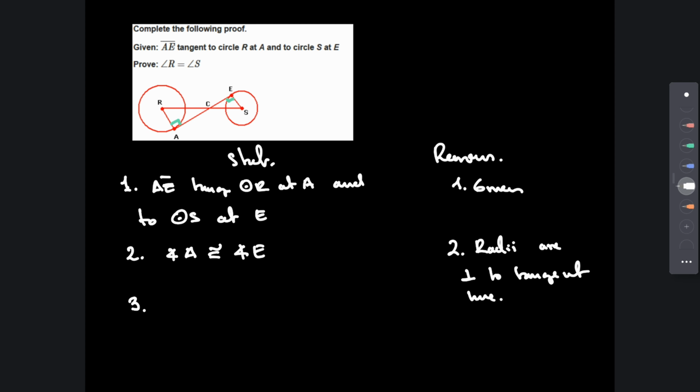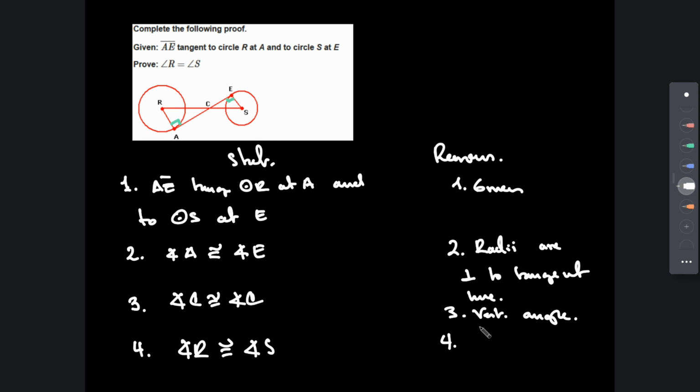Number three, we know that angle C is congruent with angle C by vertical angles, or reflexive, vertical angles. This is basically the same thing. And since the two of them are equal, then we have a theorem that states that angle R must be equal to angle S. And that's what we need to prove.